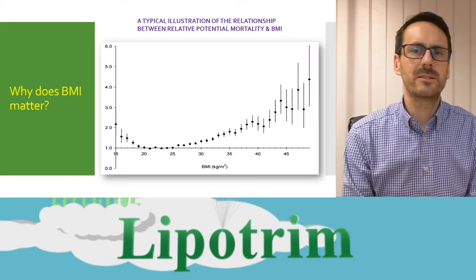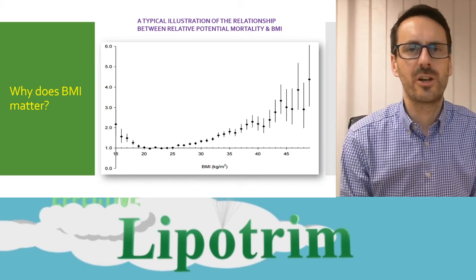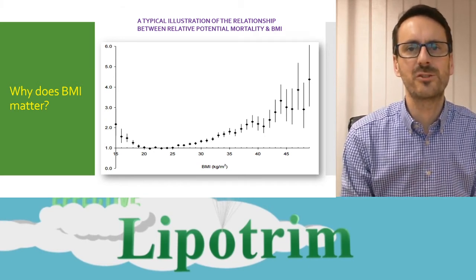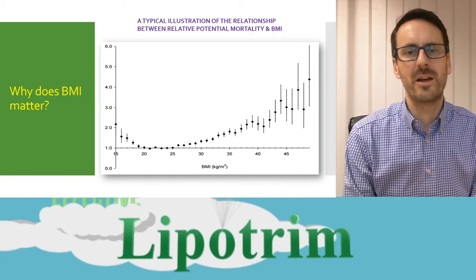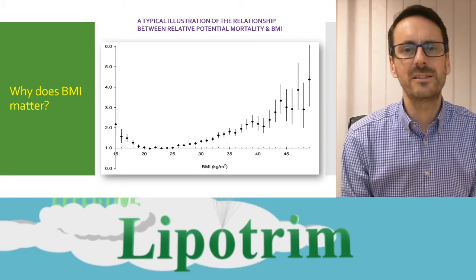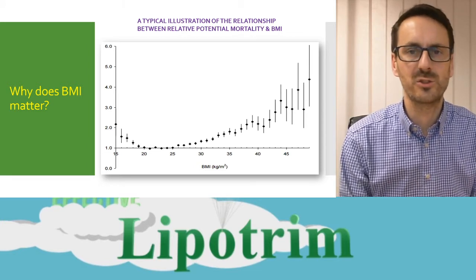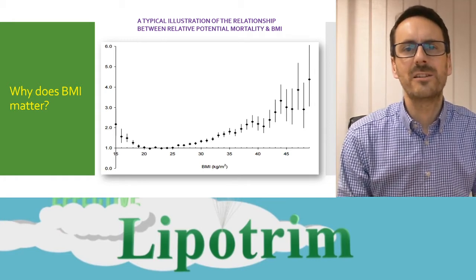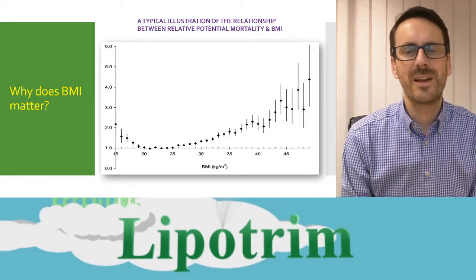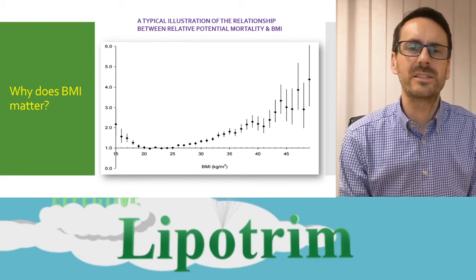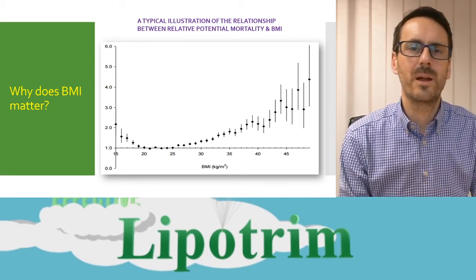Why does BMI matter? Well, let's have a look at this chart. This is a typical illustration of a relationship between the relative potential mortality and BMI. Effectively, it shows that as your BMI increases above that as we class as normal, i.e. between 20 and 25, your relative potential for ill health and mortality increases. We can see the same principle for when we are underweight.